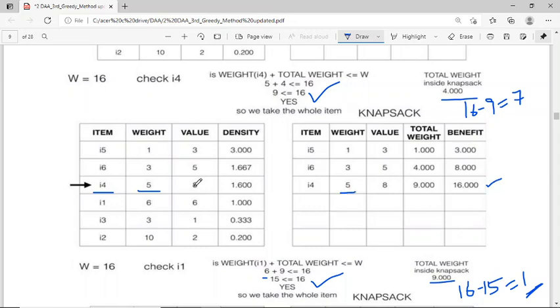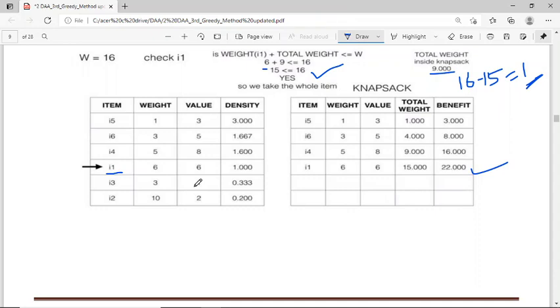Next, we do the same thing, checking the weight of I1, which is 6, plus the total weight we have added till now, 9. 6 plus 9 is 15. 15 less than or equal to 16, yes, true. We have added the whole item.